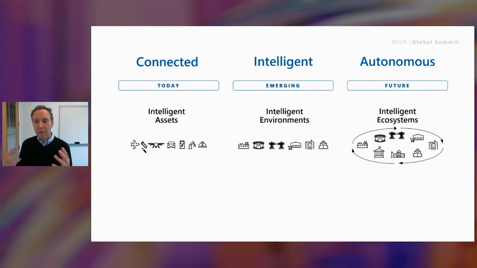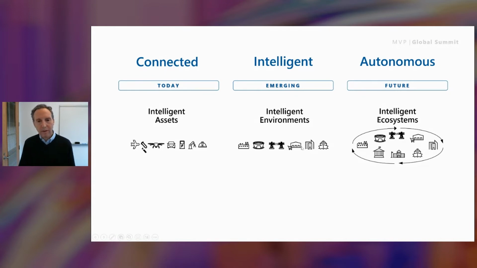There's a lot happening in factories and other kinds of settings, even entire cities. They're becoming more autonomous, where different inputs and different devices are being used to more efficiently manage a city. That could be traffic across the city. It could be wastewater runoff. So you're really creating these intelligent ecosystems that are more autonomous.